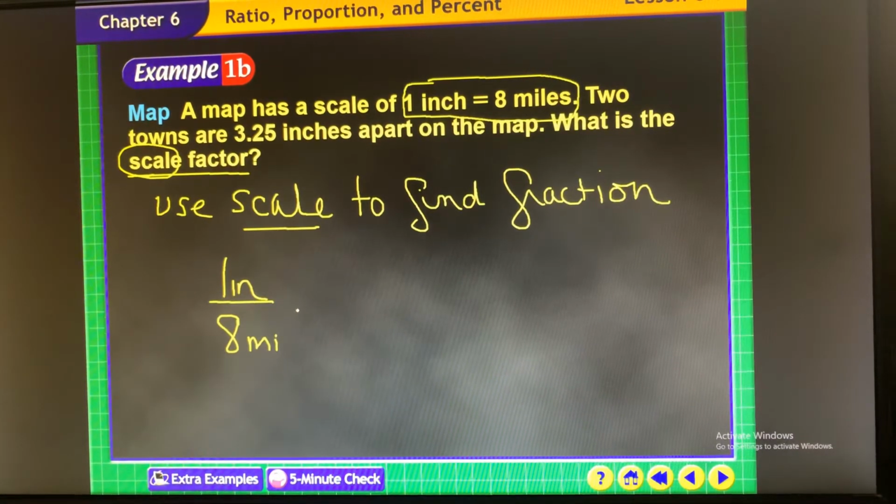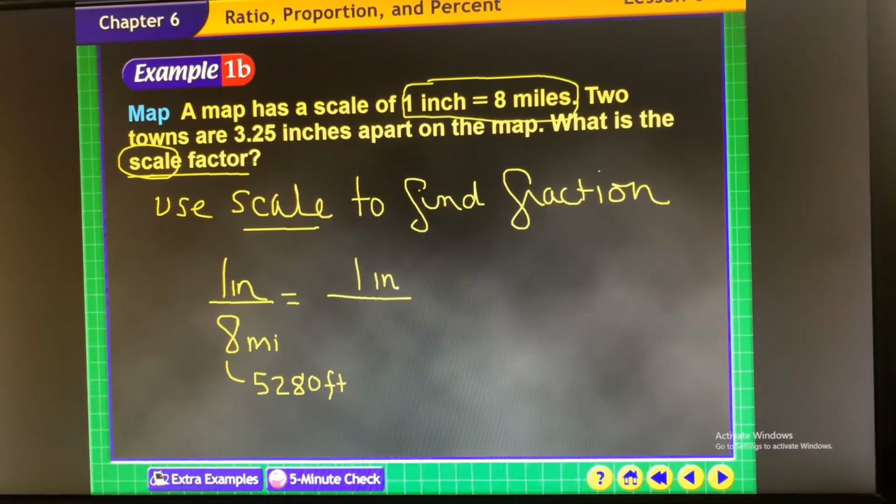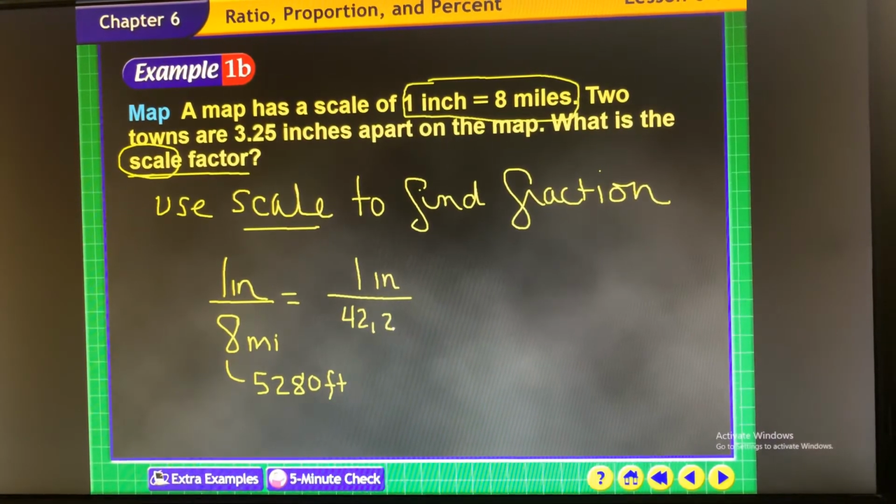And then I'm going to remind you that you can't simplify and you have to be able to cancel the words out, so you need to convert. There's 5,280 feet in a mile. So let's just do that first. So I have 1 inch over, let's do 8 times 5,280. So I get 42,240 feet.